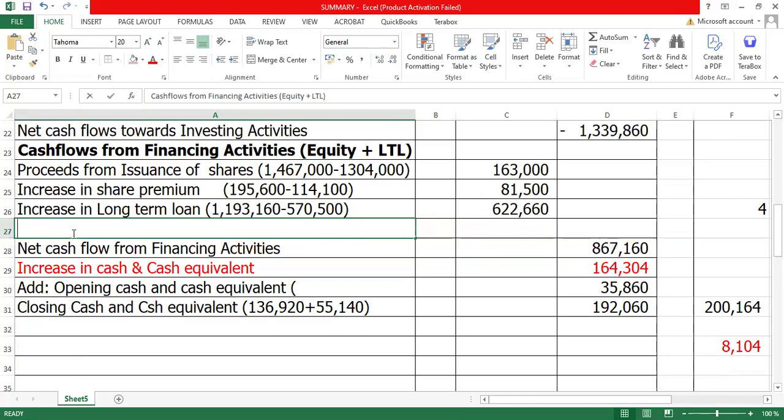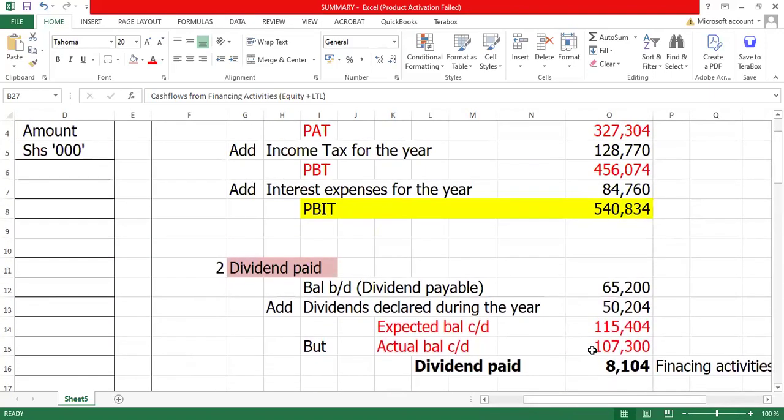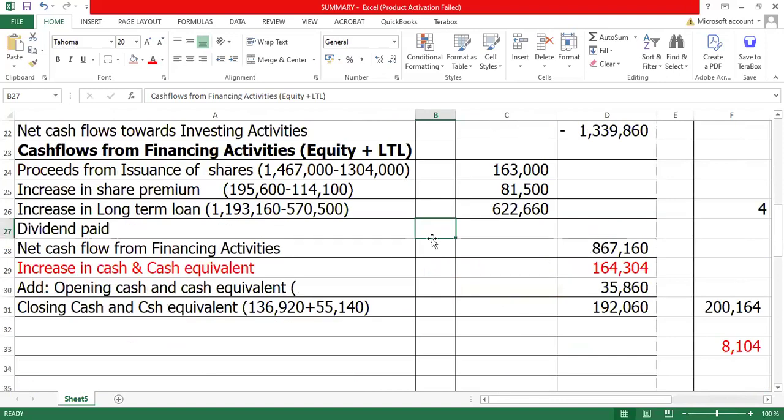I include the dividend paid, and this was working number what? The dividend paid was working number 2, and it was how much? That was 8104.